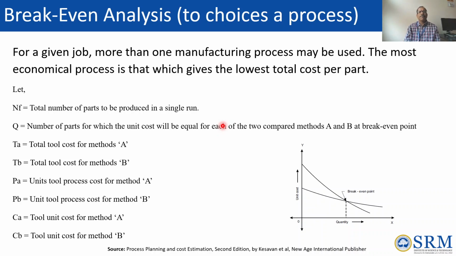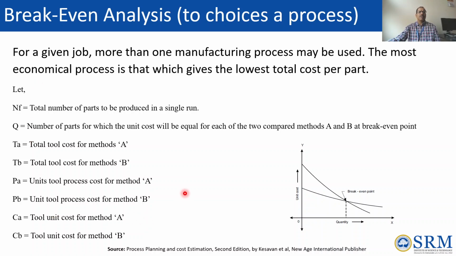For a given job, more than one manufacturing process may be used. The most economical process is the one that gives the lowest total cost per unit. That particular process gives the lower total cost per part, and then it is called the better or economical process.